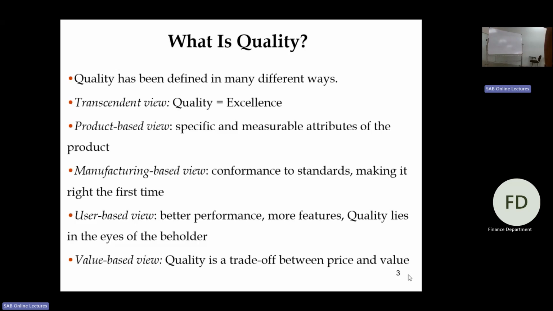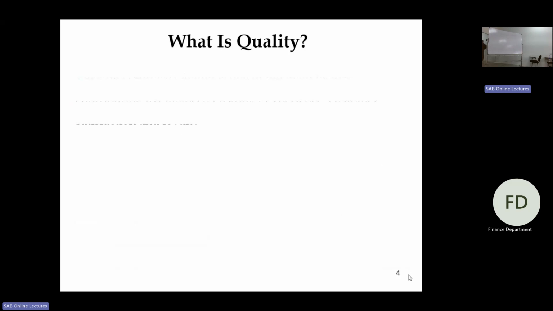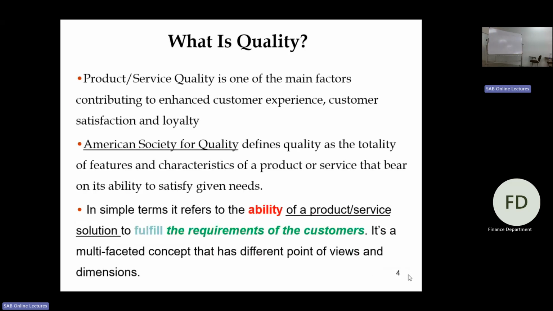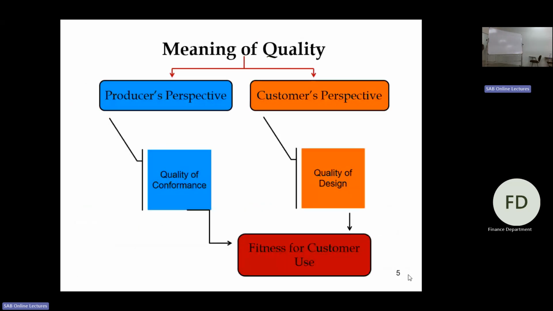Clear? We are focusing mostly on this view, but at the same time, other views are there. The meaning of quality in textbooks is explained from two sides. These are the definitions given. I will come back to them.